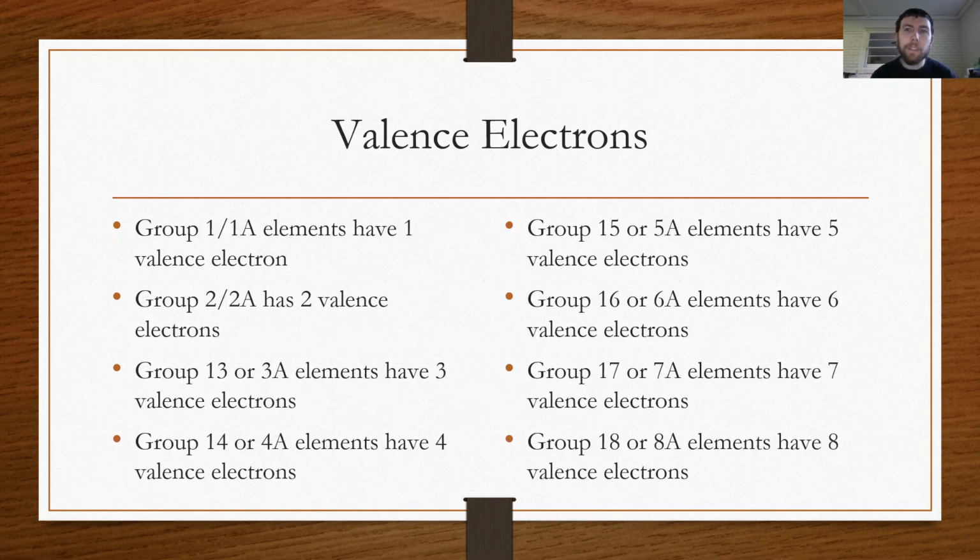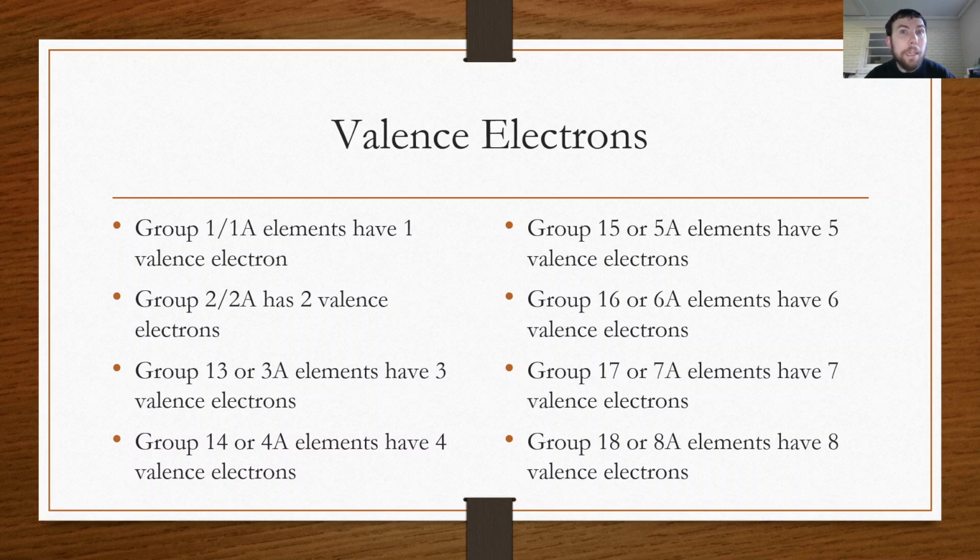Okay, now breaking this down, just to state it very clearly, group 1 or 1A, you can look back at the image from 2 slides ago with the periodic table with the color-coded columns. Elements in group 1 or 1A have 1 valence electron. Elements in group 2 or 2A have 2 valence electrons.